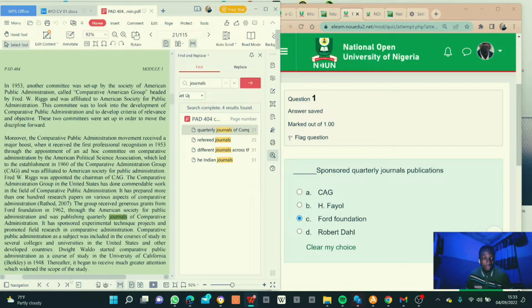As you can see here, we have to read from here. From what I can see here, the CGA is also the cooperative. I think I should just take my time to check that.